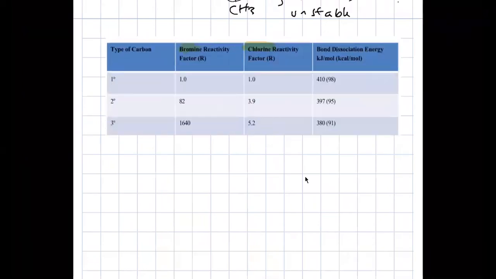All right. So here's my chart. Again, here's the reaction. I have pentane reacting, right? And from that, I got 3 products.